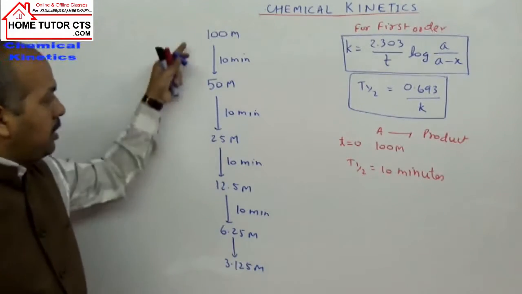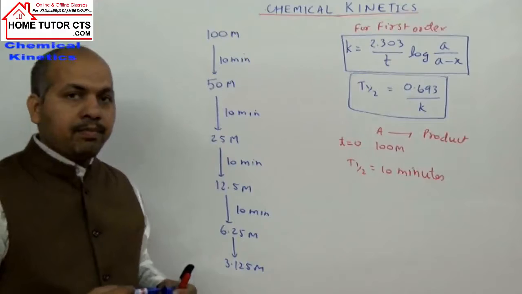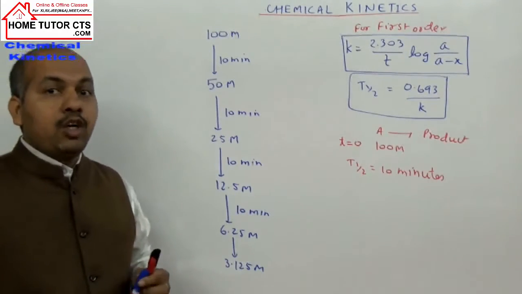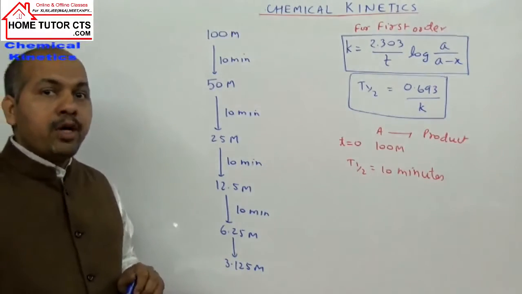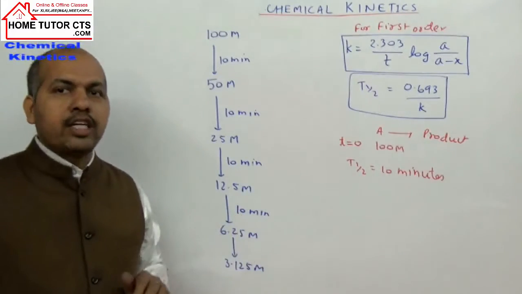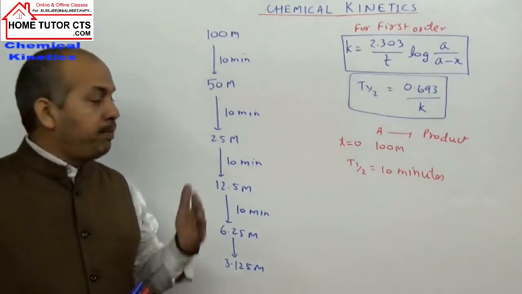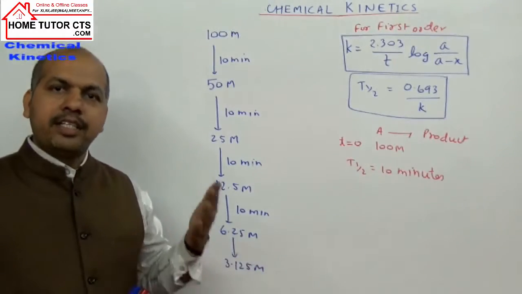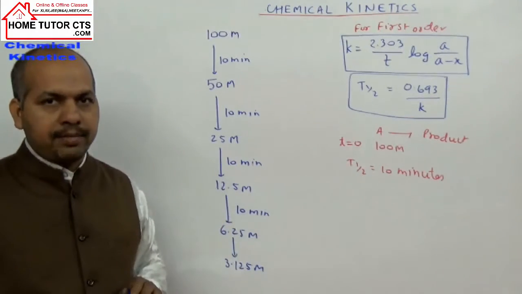So you can see this can go up to infinity. For the reaction completion, theoretically the time required is infinite. But practically, when the concentration of reactant is negligible, very low, we say the reaction has stopped altogether.